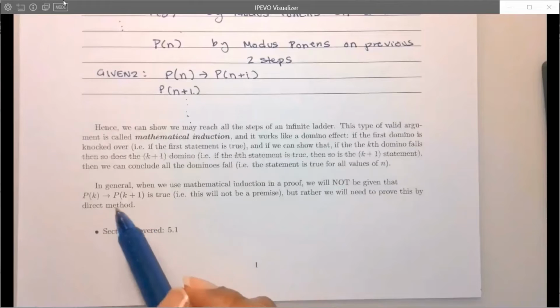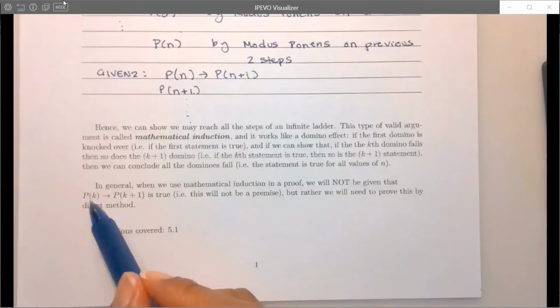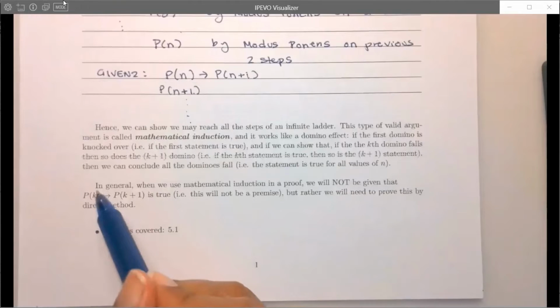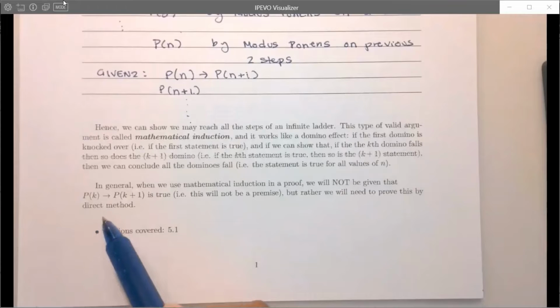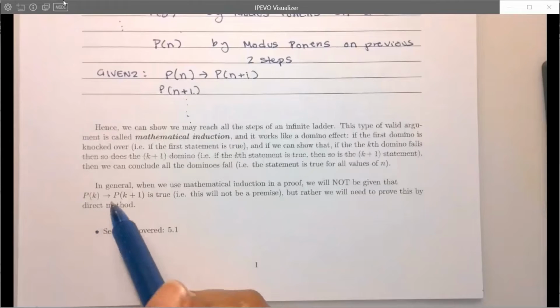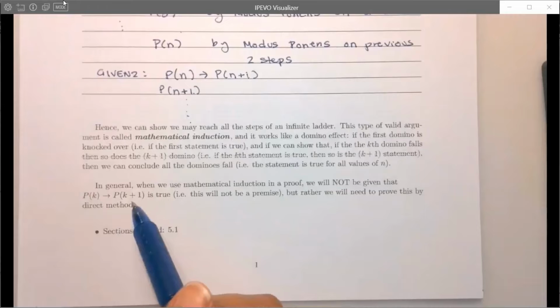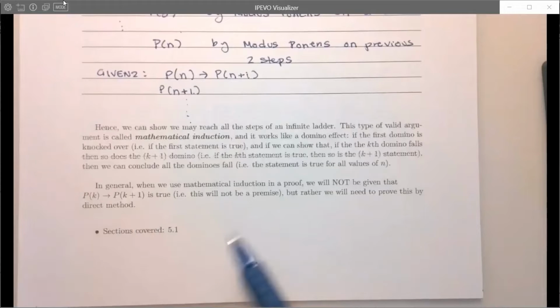Usually it'll be by direct method, meaning by assuming P of K and applying some definitions, axioms, other theorems to get to P of K plus 1 is true. Okay, so let's take a look at an example.